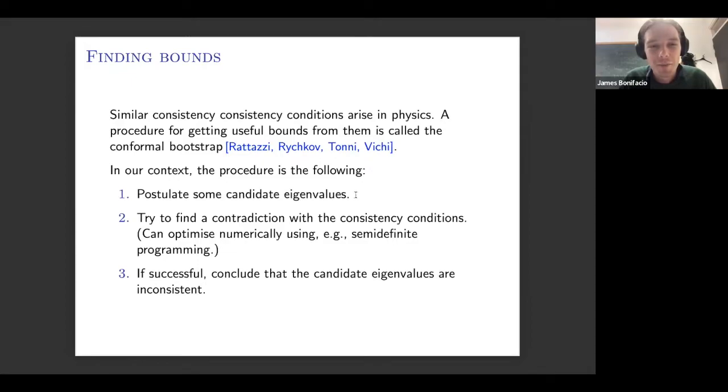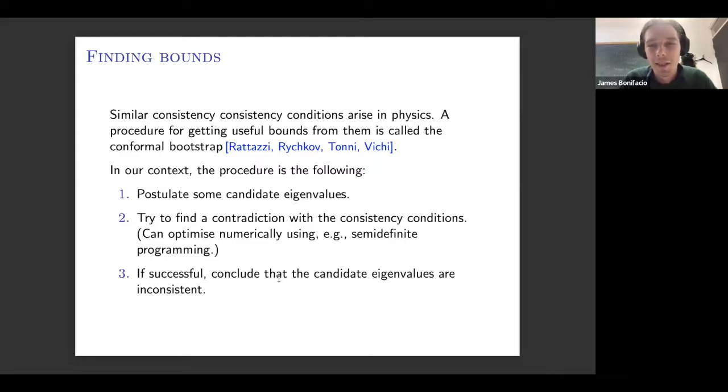The first step is to postulate some candidate eigenvalues. You then try to find a contradiction with the consistency conditions. And this is a step that you can optimize numerically using, for example, semi-definite programming. And then if you're successful, you can conclude that the candidate eigenvalues are inconsistent.